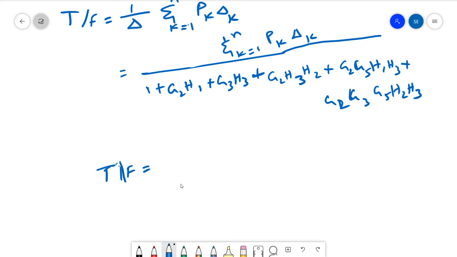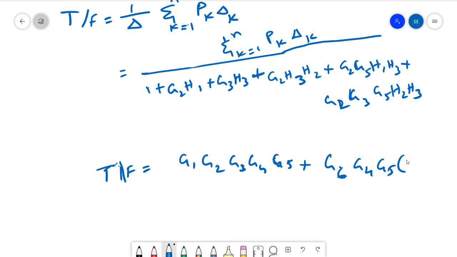TF is equal to G1 G2 G3 G4 G5 plus, this is actually Pk del k, del k is only 1, that's why we write only Pk. Now P2 is G6 G4 G5 into del 2, which is 1 plus G2H1, divided by this whole thing.